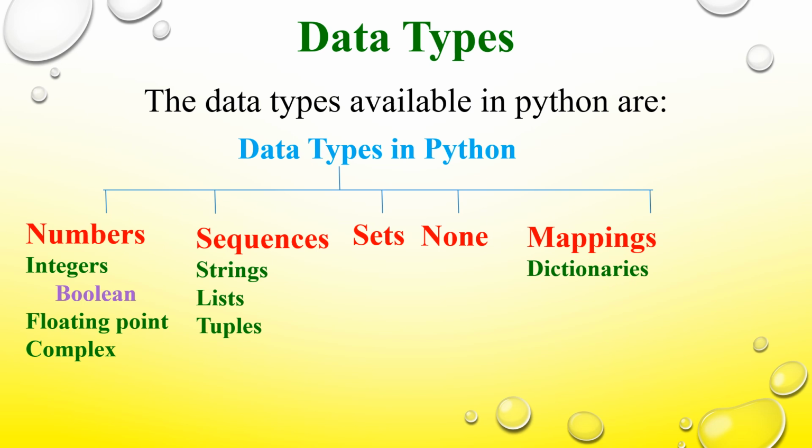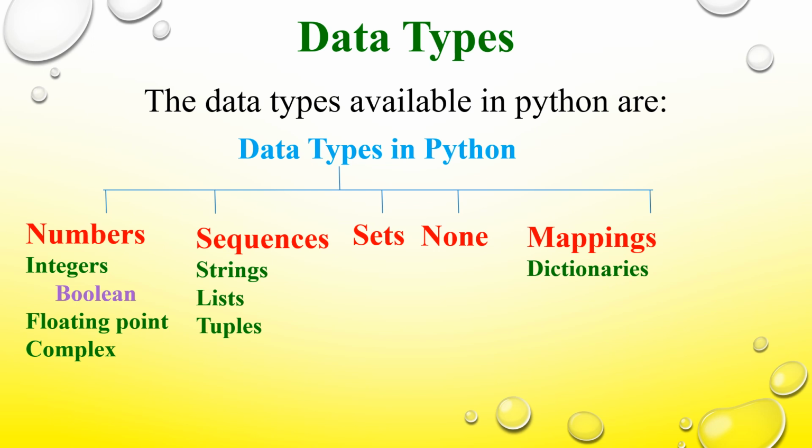List is used for storing a collection of values. Similarly, tuple is also used for storing a collection of values. Then what is the difference between them?